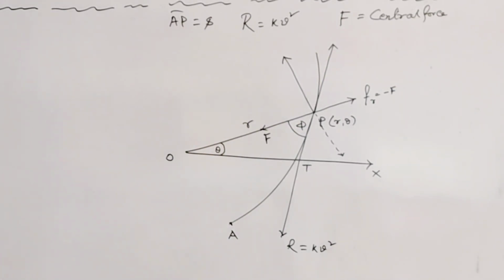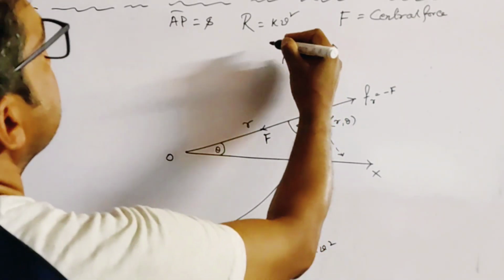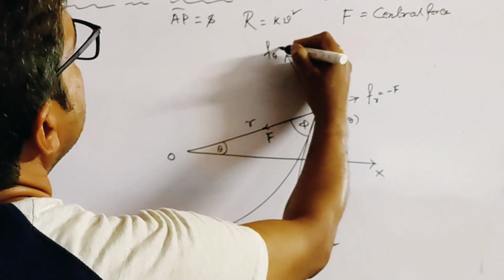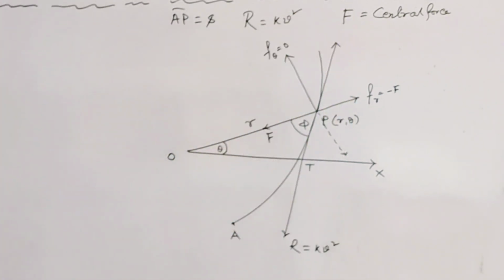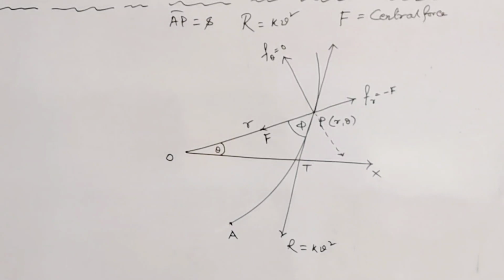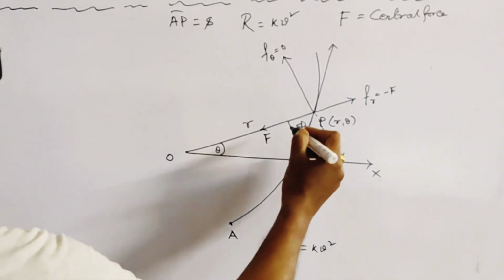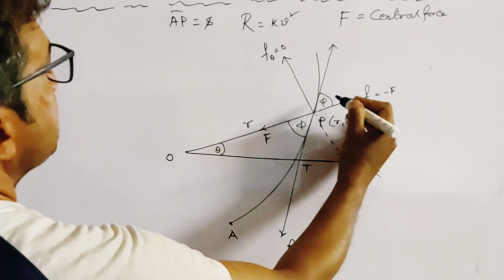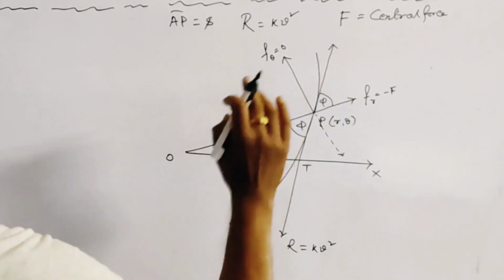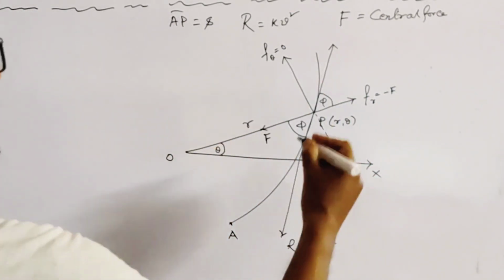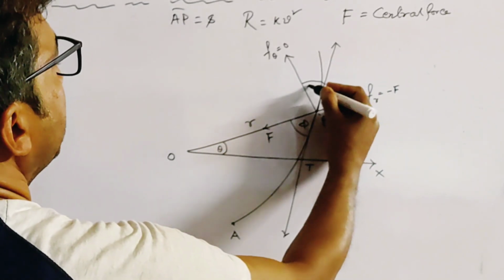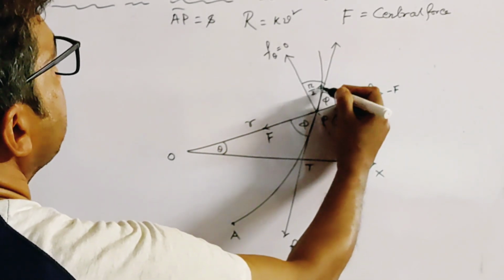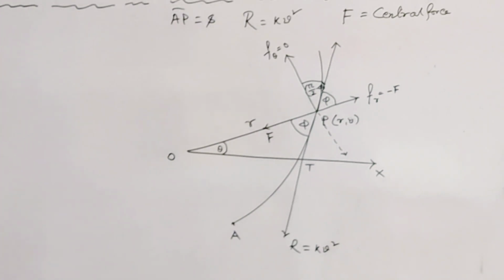And F theta, the cross-radial component, is equal to 0, because F is the central force. Now since this angle is theta, this is also theta, this is also phi. This angle and this angle are opposite angles, and this is pi by 2 minus phi.